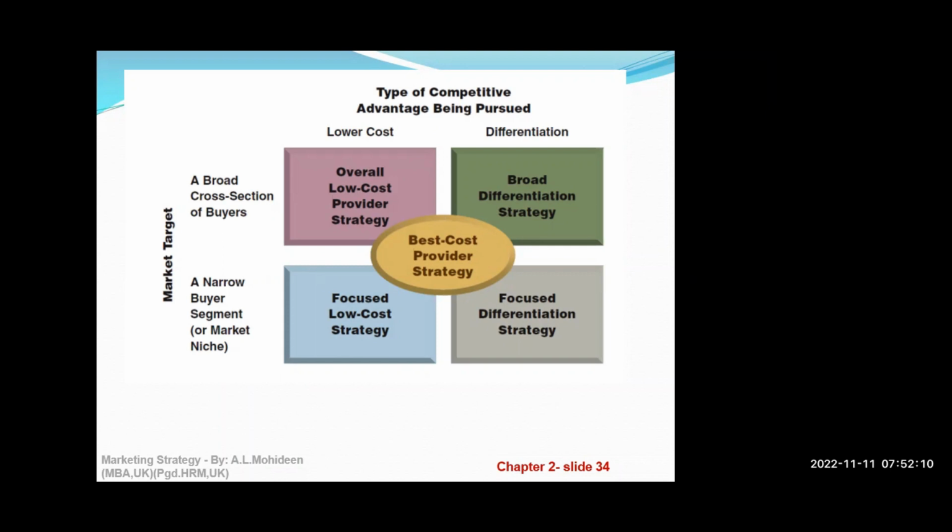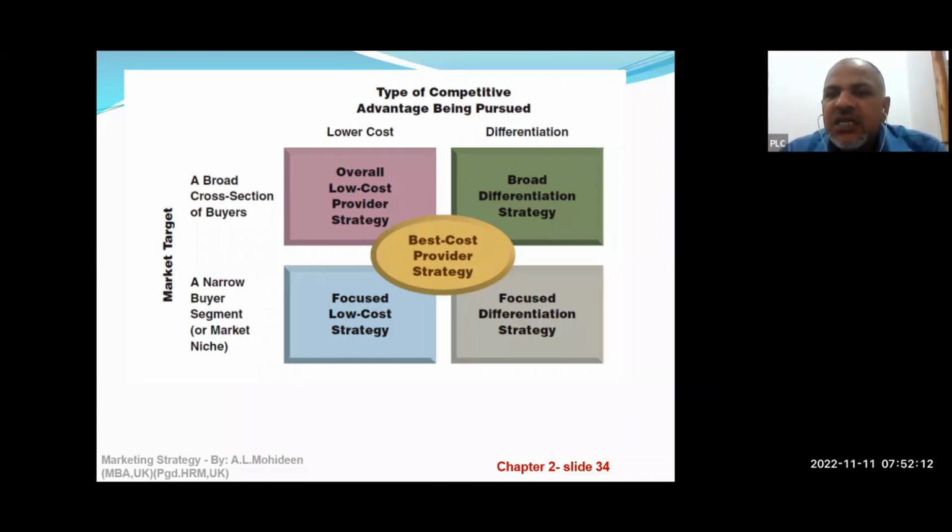That is one thing. Second thing, you should have a differentiation strategy. For example, let's say you forgot about lower cost. Your organization is not a lower cost strategy organization. Let's say it is a differentiation strategy organization, focusing on a broader differentiation strategy.